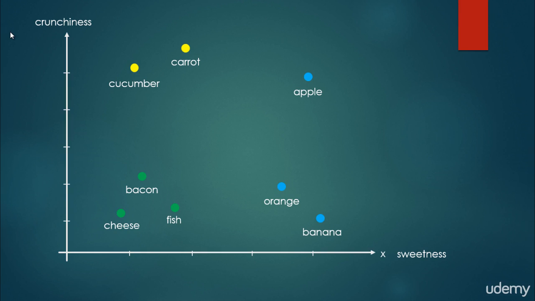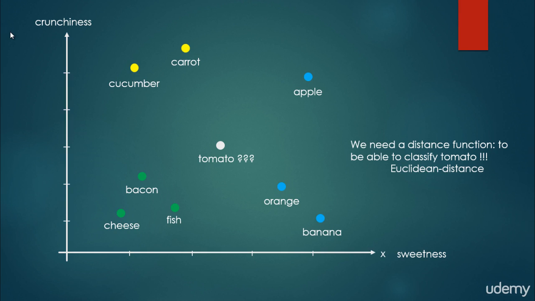The green dots are the proteins, the blue dots are the fruits, and the yellow dots are the vegetables. And for example, we have this tomato with a certain crunchiness parameter and a certain sweetness parameter, and we want to classify whether it's a fruit, a vegetable, or a protein.